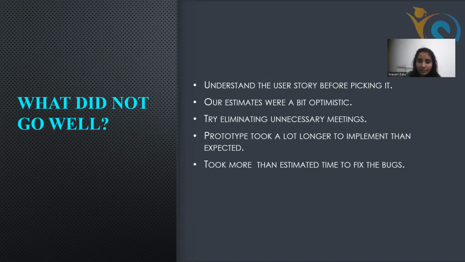We should also try to eliminate unnecessary meetings. Prototyping gave us a head start, but it took a bit longer than expected to implement, and it took more time to fix the bugs which we found when we were doing the testing. Next slide.